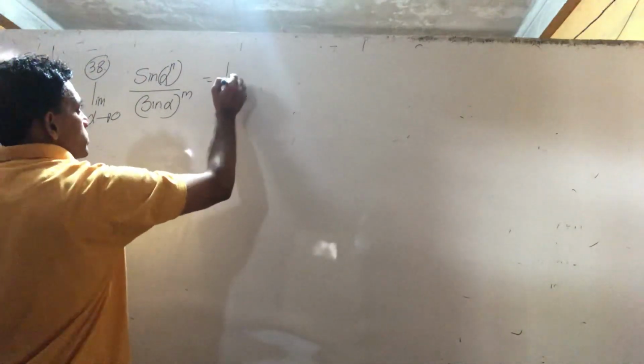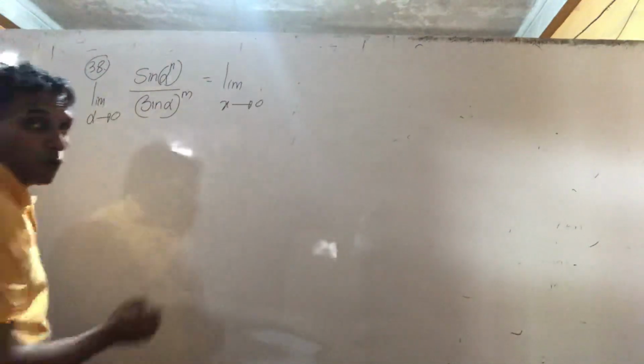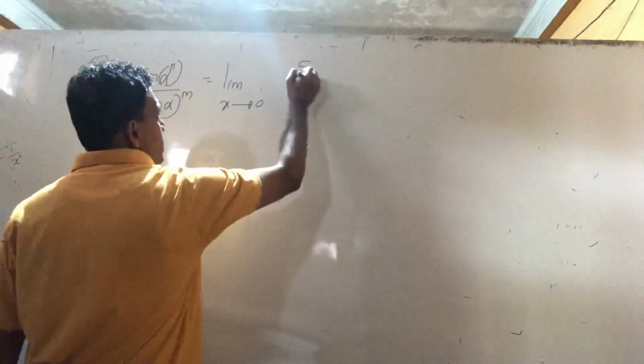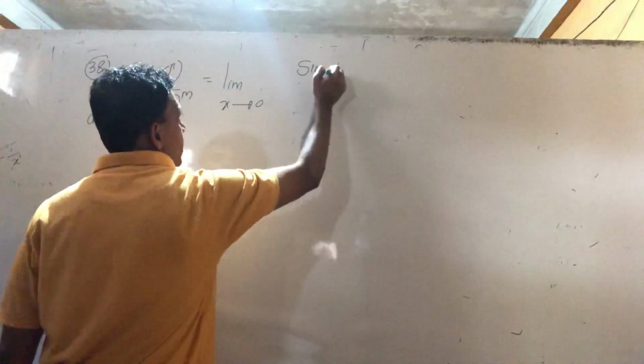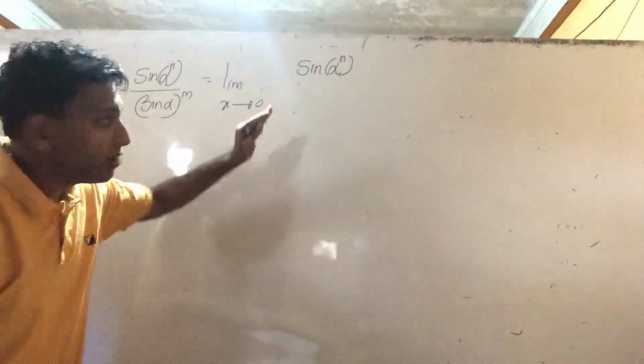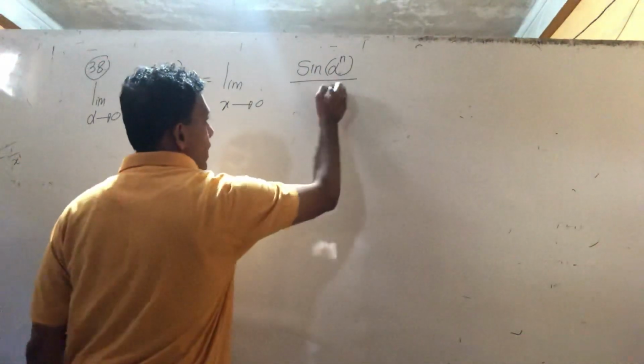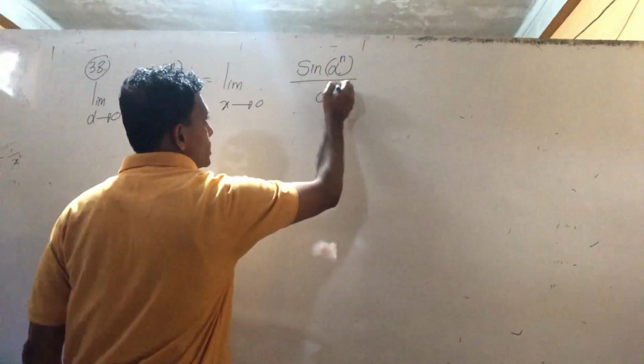So it's equal to the limit as alpha tends to 0 of sine, where the angle is alpha to the power n. Below we need the same sine theta over theta pattern.